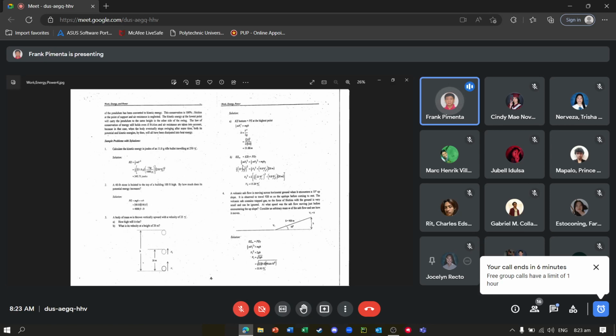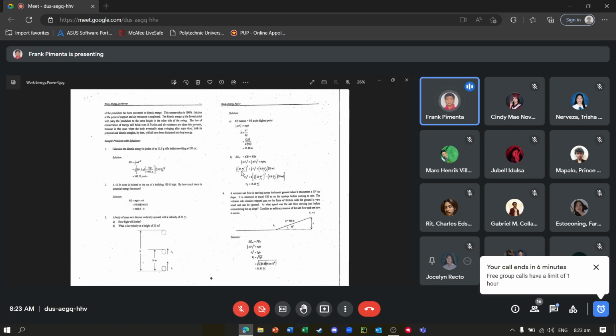And substituting now, 1/2 mv maximum squared is equal to 1/2 mv sub 2 squared, so v sub 2 here, plus mgh sub 2. That is 20 meters.